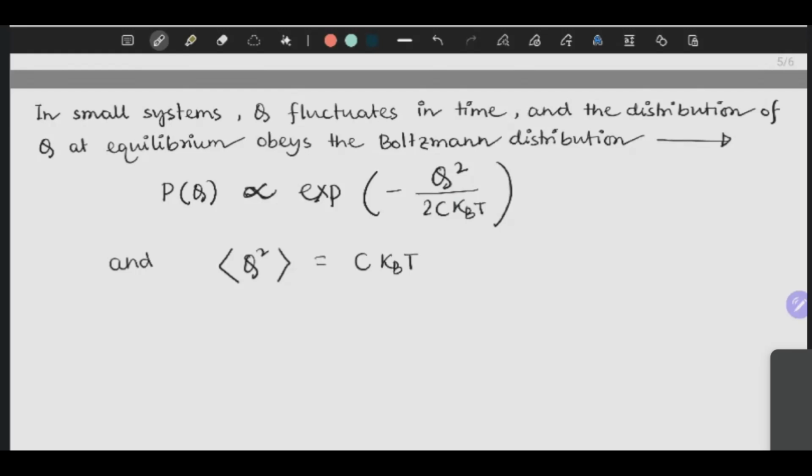Now to see these random fluctuations, a random voltage is introduced.